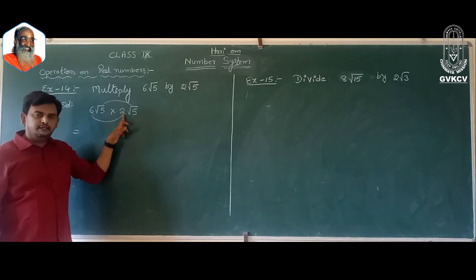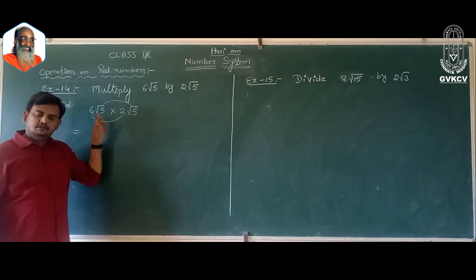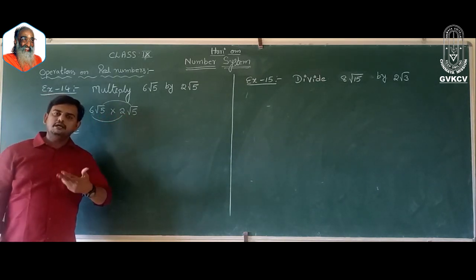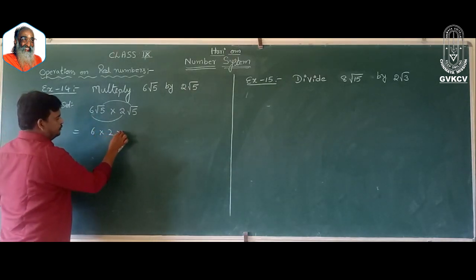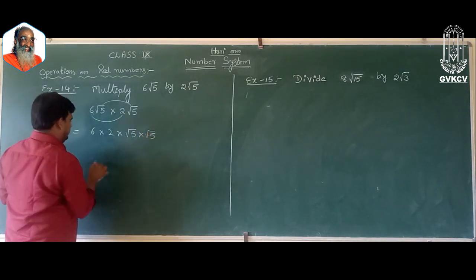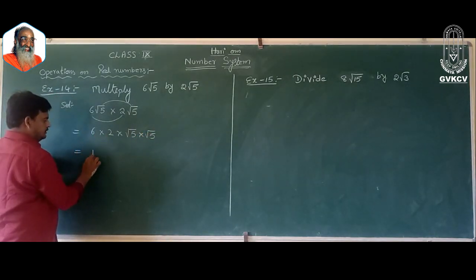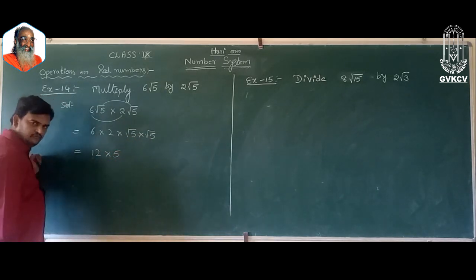First, we should multiply the coefficients, the rational numbers, then we should multiply the irrational numbers. So 6 into 2 into root 5 into root 5. 6 twos are 12. Root 5 into root 5 is nothing but 5.